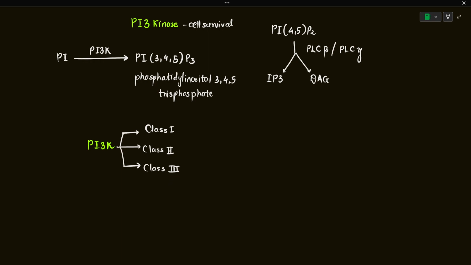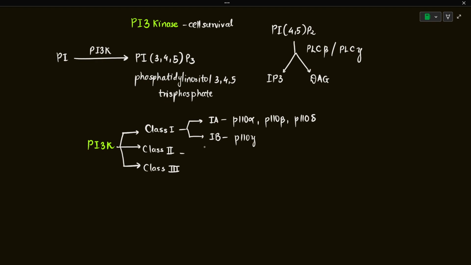The class 1 PI3 kinases are also subcategorized into two types: the class 1A PI3 kinases and class 1B PI3 kinases. The class 1A PI3 kinases are P110 alpha, P110 beta, and P110 delta, while P110 gamma is the class 1B PI3 kinase.